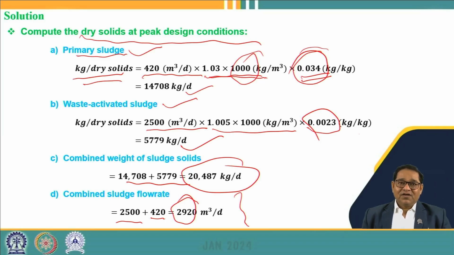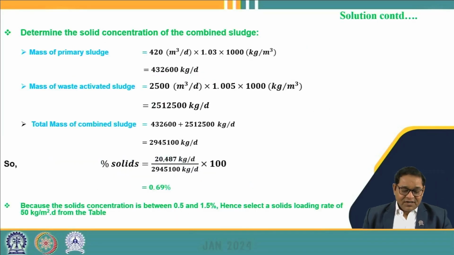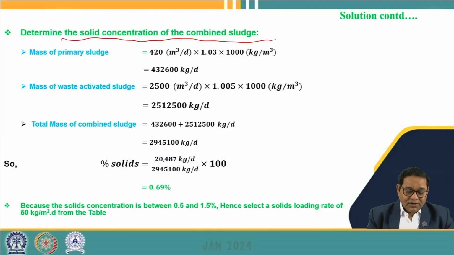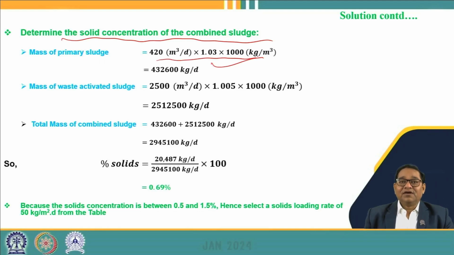When they are mixed, how much weight of the sludge and how much flow rate of the sludge there will be, from this data we can determine how much percentage of solids will be there in the mixed sludge. So here, for the primary solids, we have to multiply only the solids with the density and the flow rate.